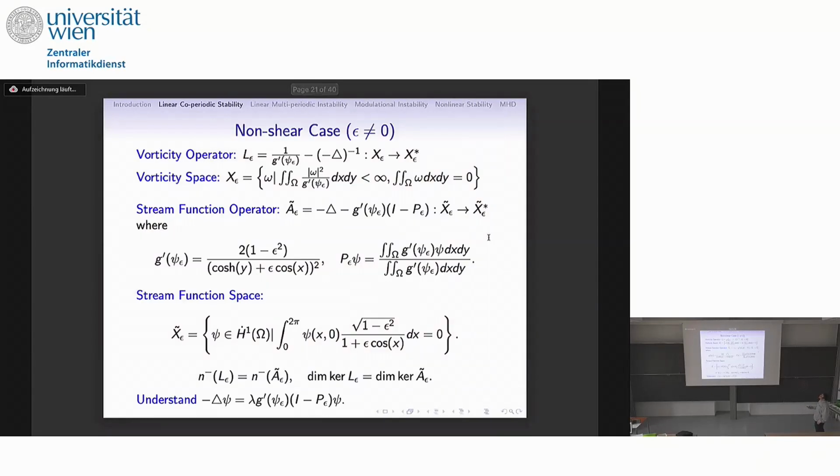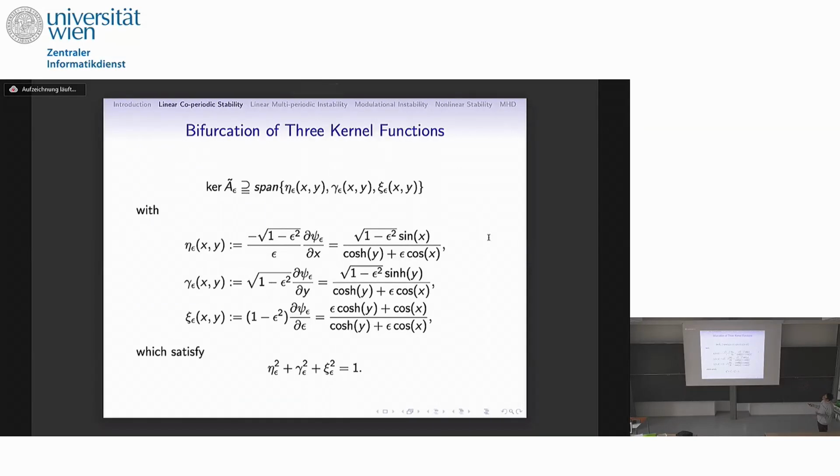Now how about the case when epsilon is not equal to 0? Then this is a PDE operator. At the beginning, we thought it might be hopeless to find an explicit formula for this PDE operator, since it's much harder than the ODE case. But first we tried to get something for epsilon small, thinking we might get it by perturbation from the ODE results. Then we also did some numerics.